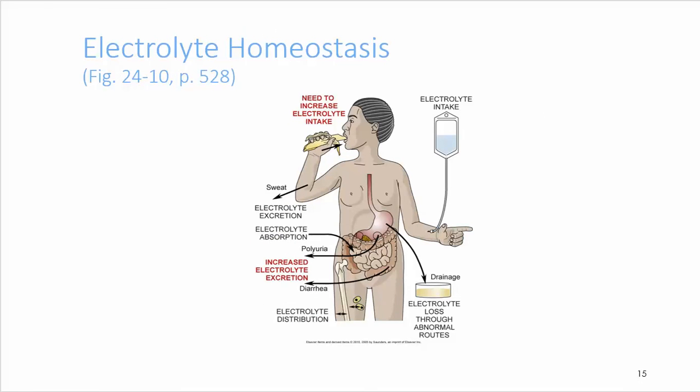Okay, so now electrolyte homeostasis. Really, electrolytes are salts that are ionized. They're found in water. So these are things that are held together by ionic bonds, and the ionic bonds are broken, so we have charged ions. Cations are positive charge, anions are negative charge.